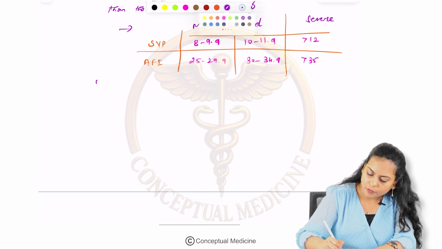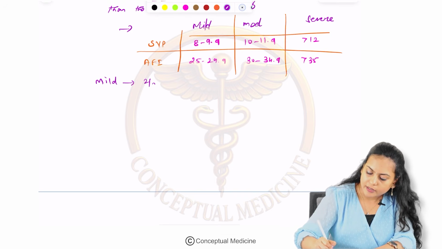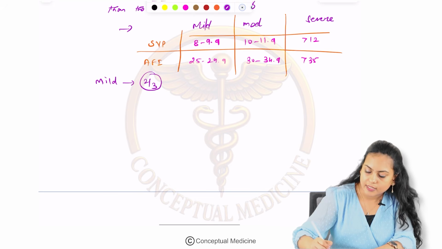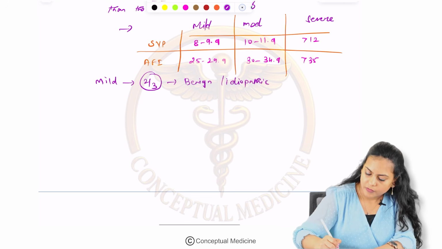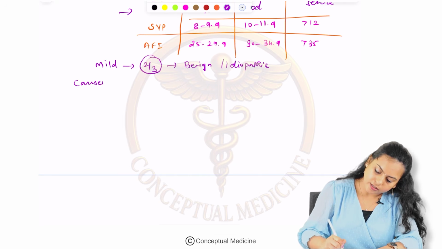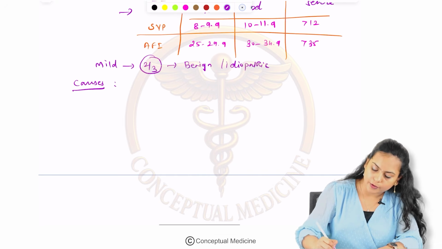Now, most of the time, the polyhydramnios is mild and it is seen in 2/3 of the cases, and it is usually due to benign causes or idiopathic. What are the other causes that are leading to polyhydramnios?